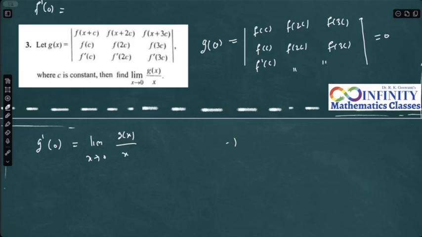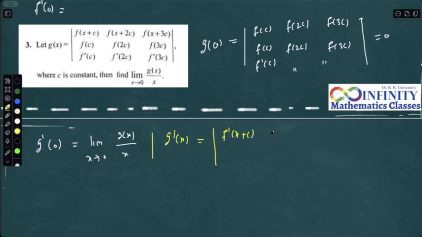Give me a second. So for me, the derivative at x is going to be: differentiate the first row. The derivative of x plus c is 1.